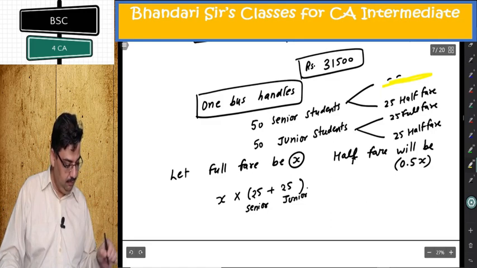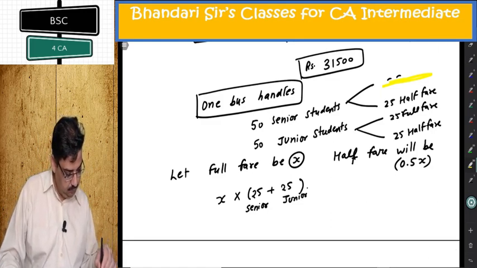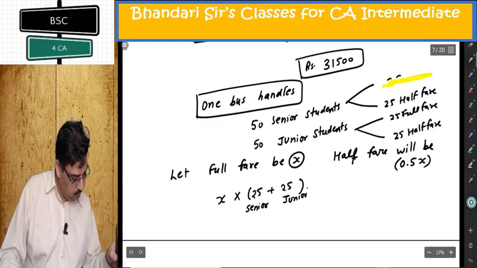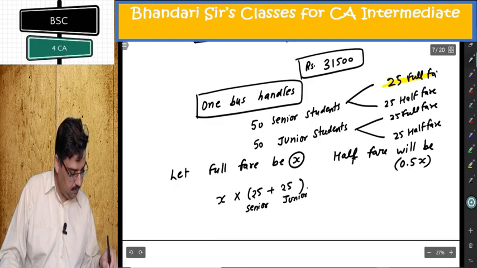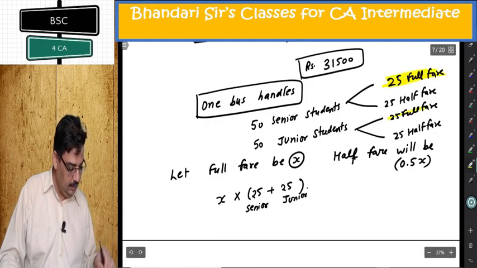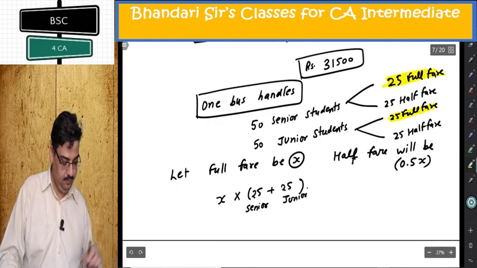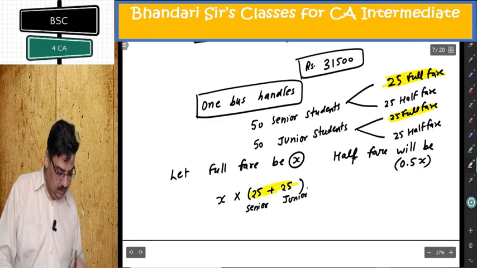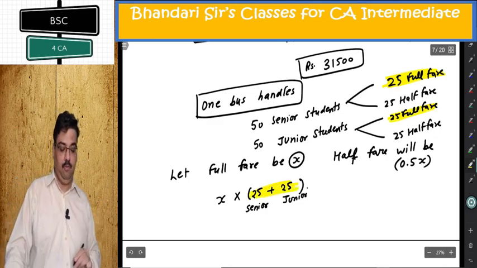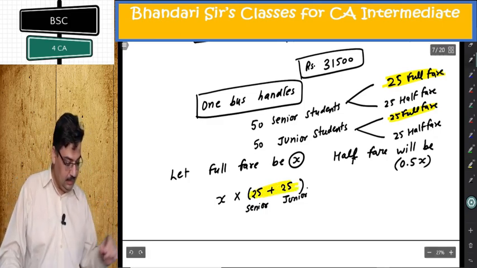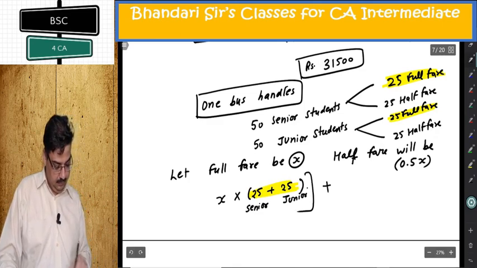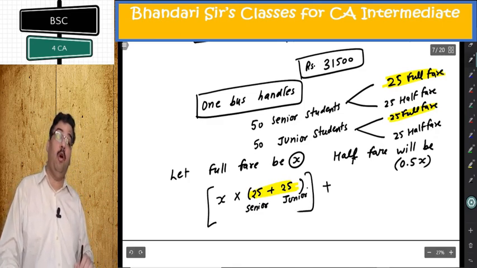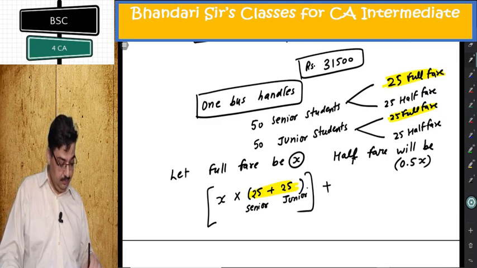This 25 and this 25. This yellow part shows this full fare. Plus, this is revenue from full fare students monthly.